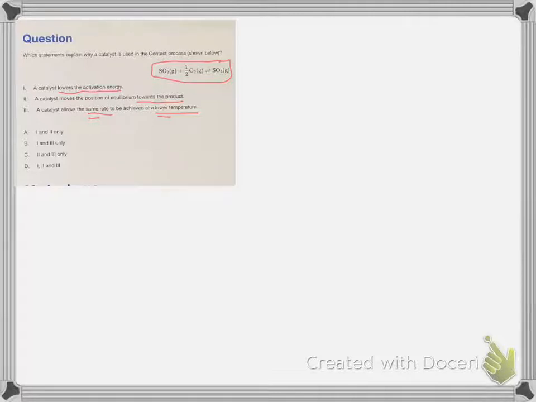Okay, so first of all, what we have to know is the collision theory. The collision theory has three main rules that have to be ticked off in order for any collision to happen.